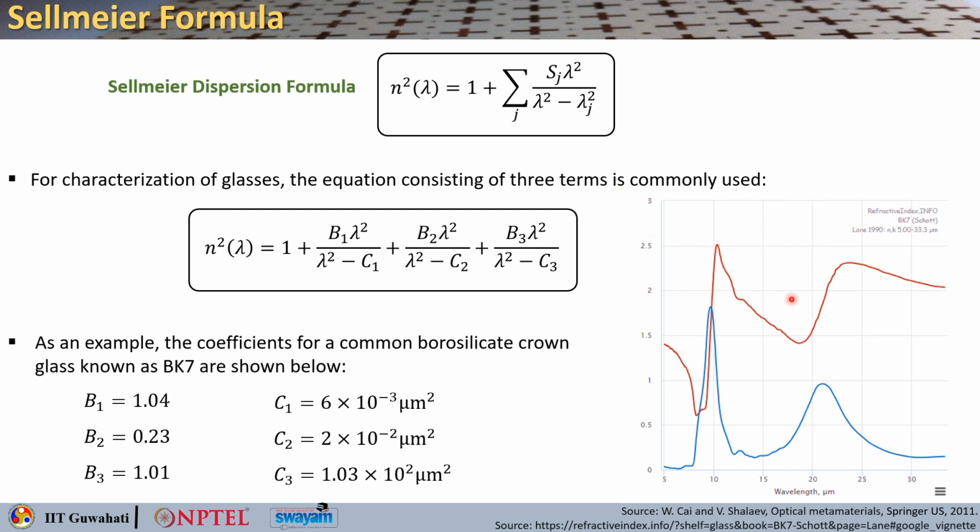The red one shows the real part of the refractive index, and the blue one shows the imaginary part, which is basically k. If you take a common borosilicate crown glass, also known as BK7, you can use these particular constants B1, B2 and B3, and C1, C2, C3 as this, that will closely model this particular characteristic.